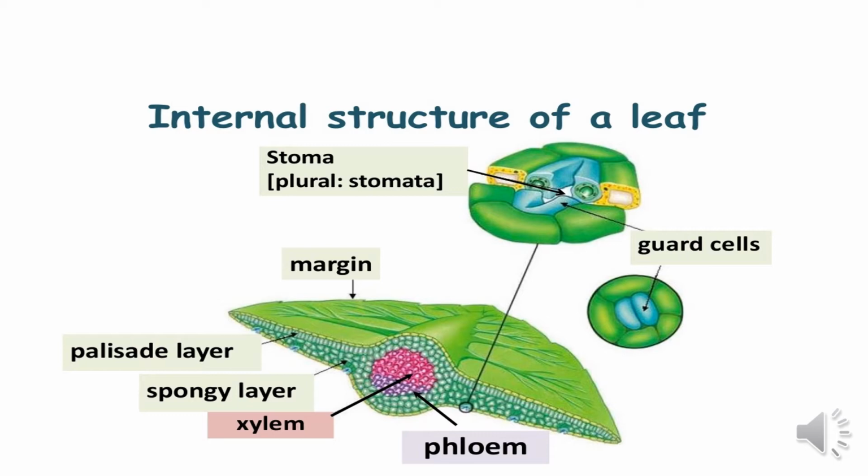If we go inside the leaf, you can see over here this is a transection of the leaf. What are the different structures, or the different tissues, present inside the leaf? They are below the epidermis.